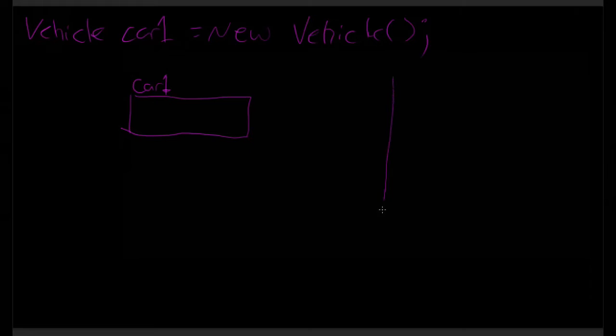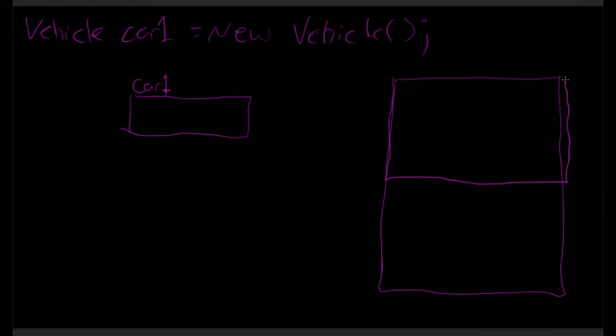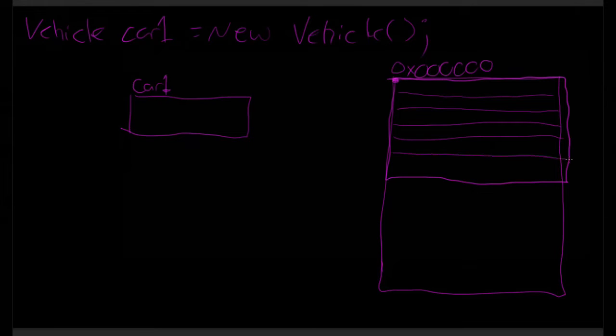What this is actually doing is going over to another chunk of memory where it has more space, and it says, okay, car 1 is going to take up this chunk of space. Just for simplicity, we'll say this is 0x000000, the location right here in memory. We could imagine these are your little bits.